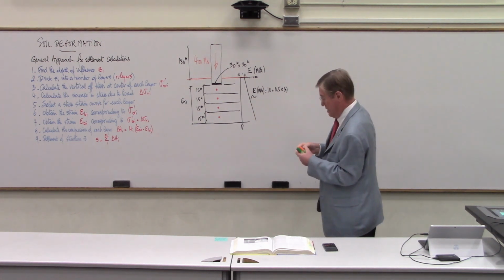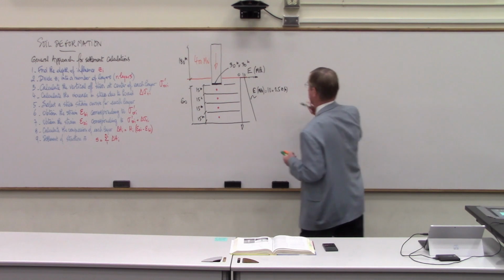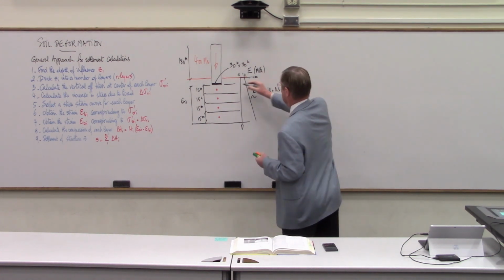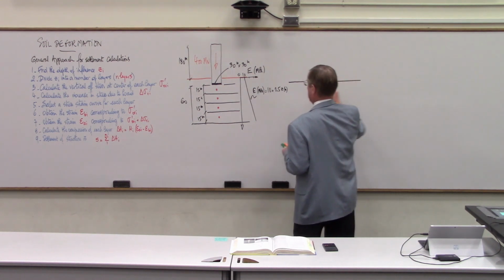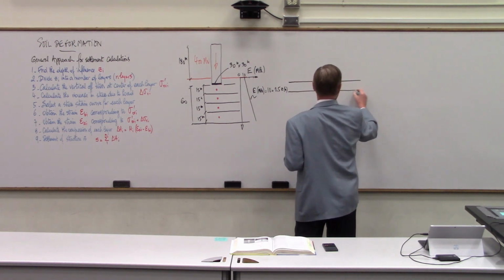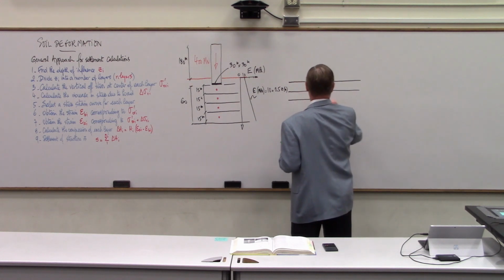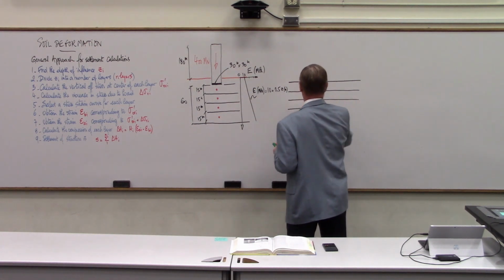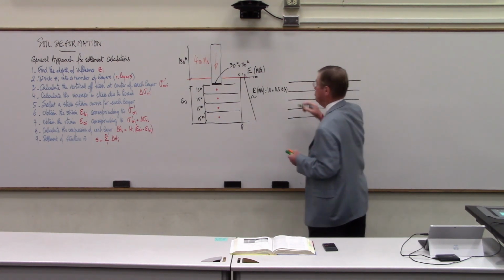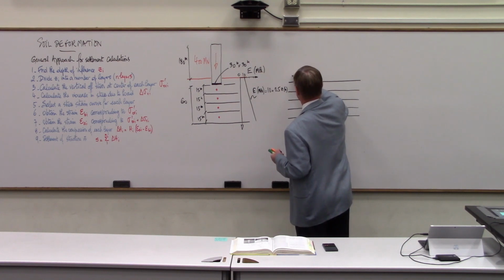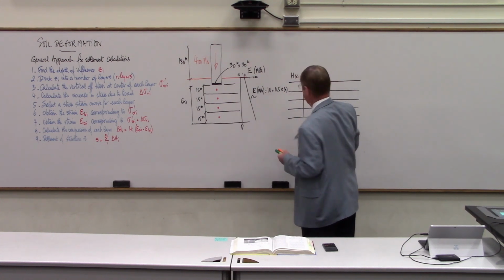So I now have the problem set up, and I'm going to do a spreadsheet. I want to put these layers like this, like this, like that, and like that. And in that table, I'm going to put the layer thickness, H, in meters.